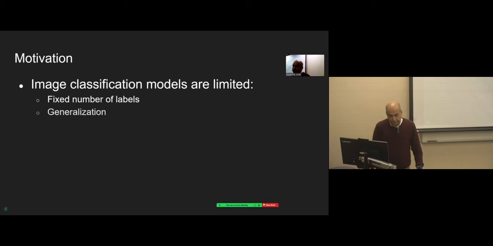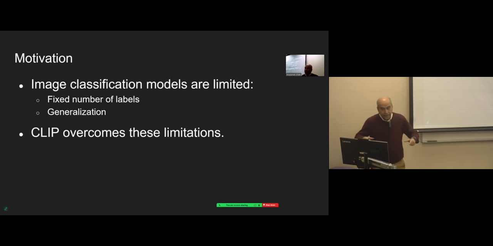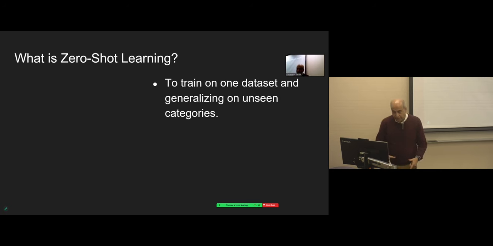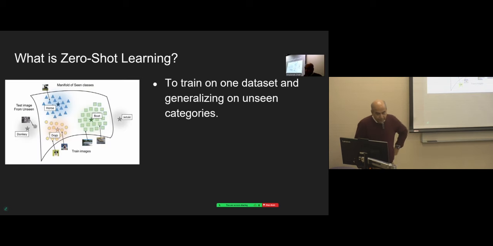CLIP overcomes these limitations and generalizes. Again, with zero-shot, we train on one dataset, then generalize to unseen categories. I'm going to show you an example. Let's say we have trained on classes like dogs, boats, and horses. So we can take these images to test.